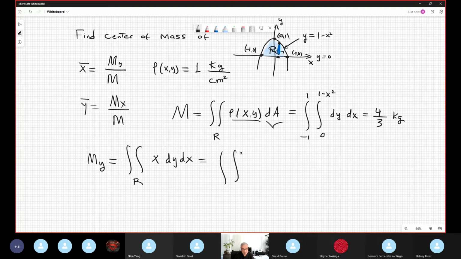The only difference is, okay, now we have x, and you integrate dy dx, and it doesn't change the region, therefore it's the same limit, 0, 1 minus x squared. See, you continue in the same order of integration, and you are doing that, and the answer is 0.